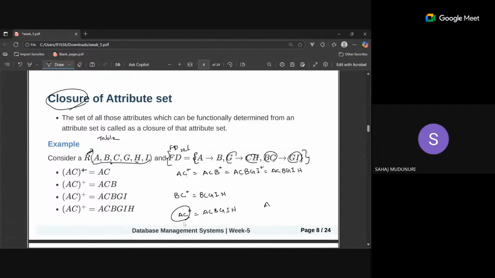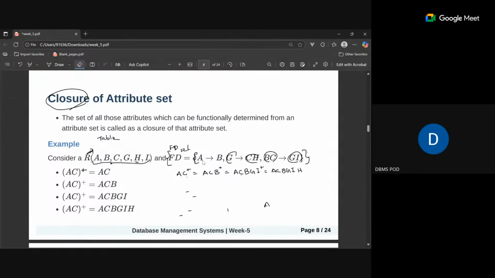Instead of writing this plus sign and equal, if we just write dependency, isn't it the same thing? What is the difference between this closure and this arrow? It's another way of checking whether these dependencies are linked or not.